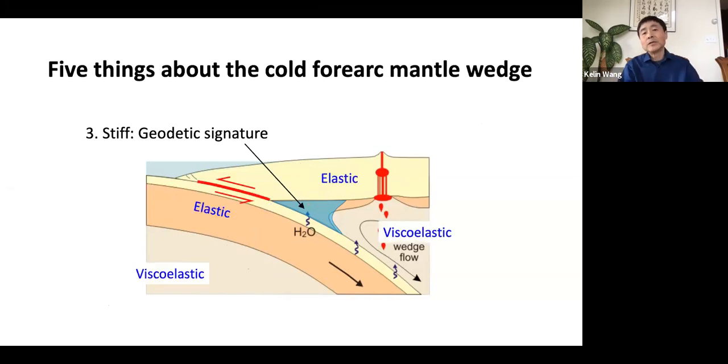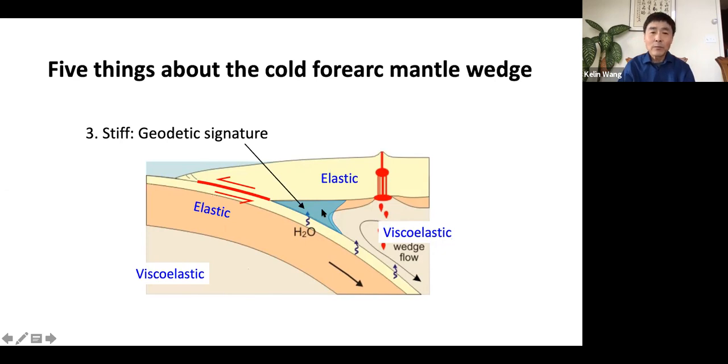In studying post-seismic deformation after large megathrust earthquakes, we use a model that includes an elastic upper plate and downgoing plate. And the important part of the model is the viscoelastic mantle. And what about the Forearc wedge?